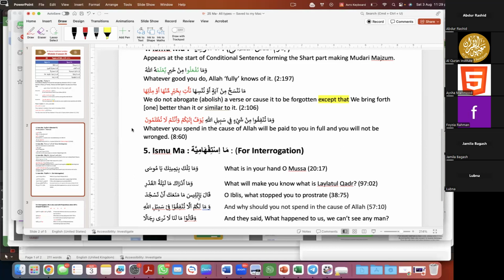Yuwaffa is the majhul form, and I think the ya probably dropped there. Wafa, right? Yes.